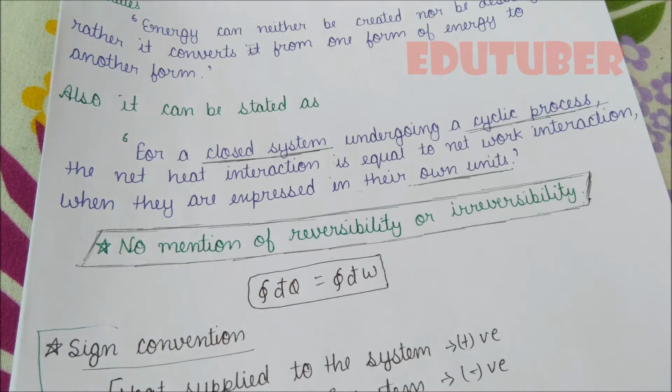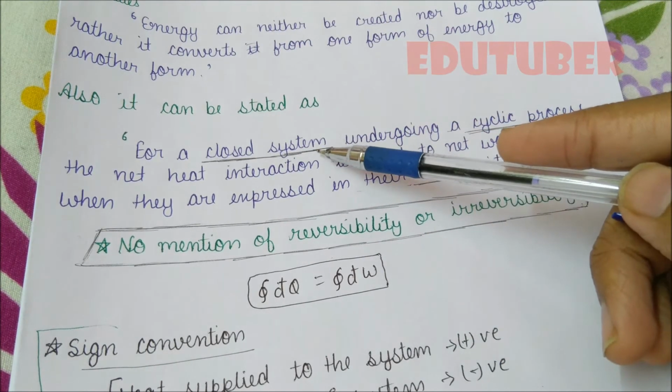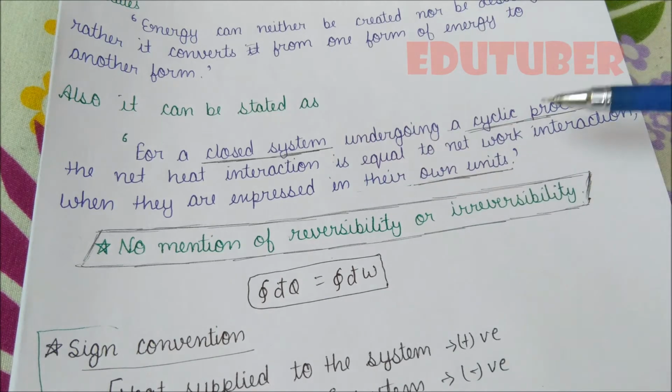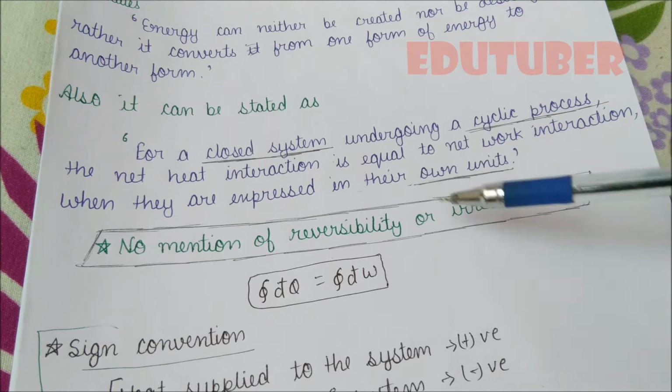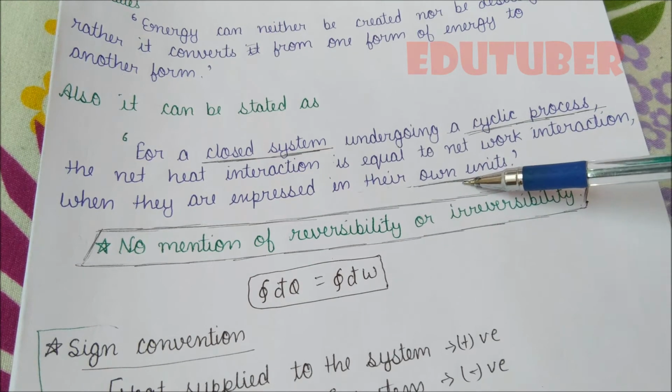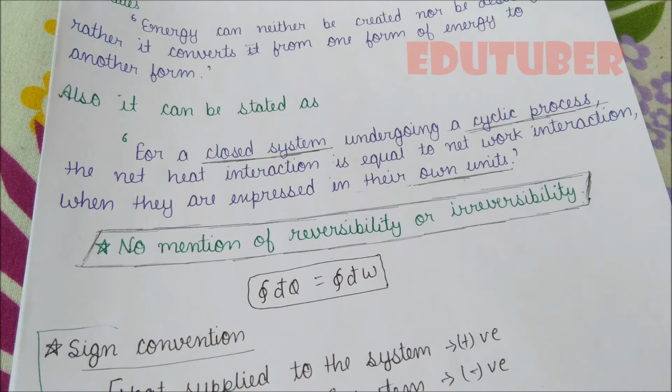I have underlined certain terms, so you should emphasize them. First, the first law of thermodynamics is defined for a closed system. Second, for a cyclic process. Third, the heat interaction and work interaction are equal only when they are expressed in their own units. For example, if we express work in kilojoule while heat in kilocalorie, they are not going to be equal.